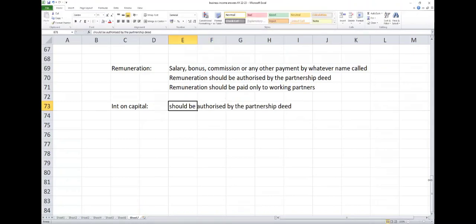All payments made to partners should be authorized by the deed. Is there an allowed limit? Yes, there is a limit for interest on capital. Allowed up to 12% per annum. Suppose the firm pays 15% or 18% interest on capital to partners, allow up to 12% and disallow the balance.